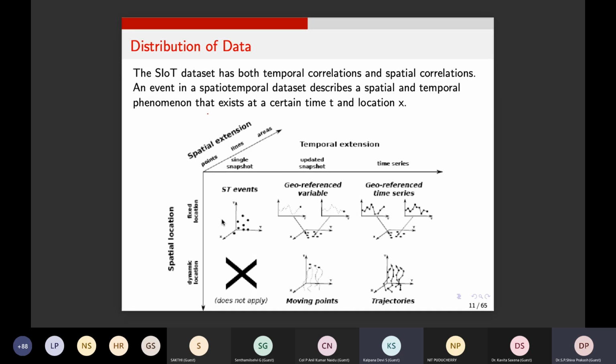Here we have spatial locations and spatial extensions like points, lines, or areas. When it comes to spatial locations, we have dynamic locations and fixed locations.